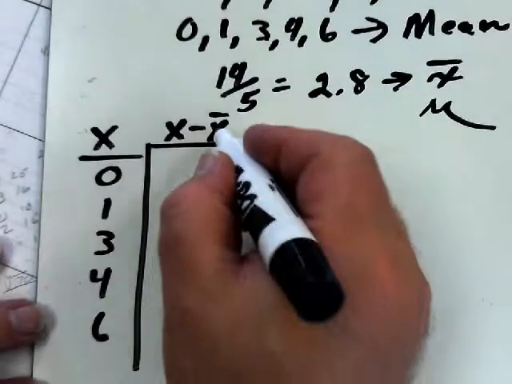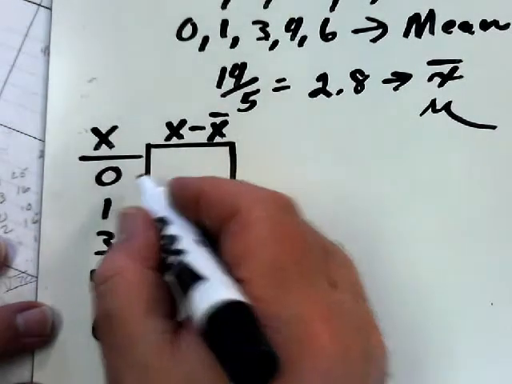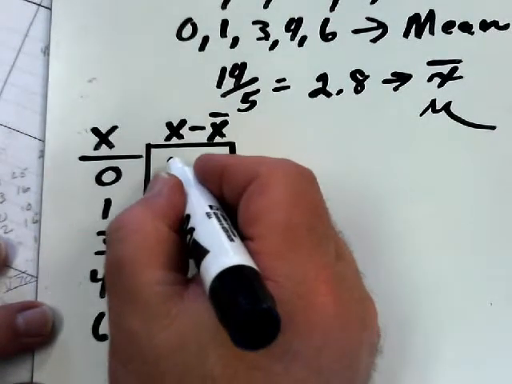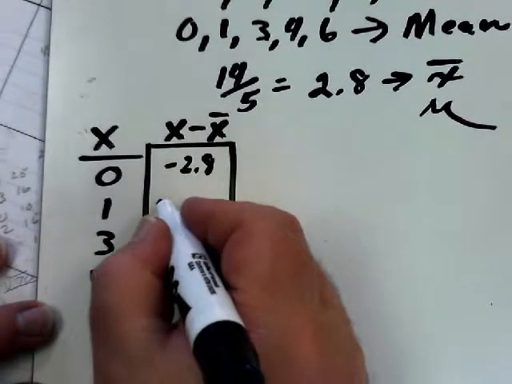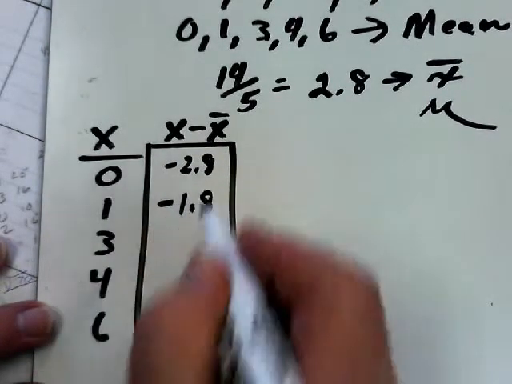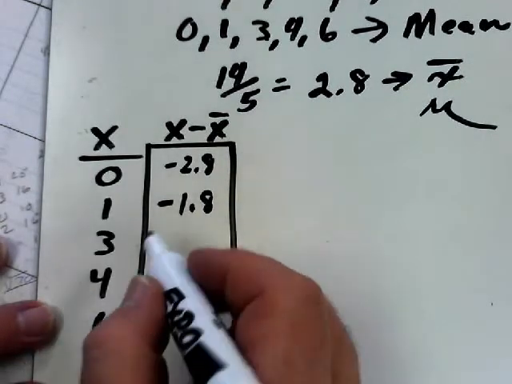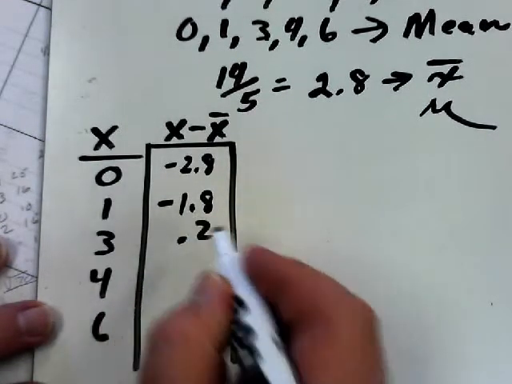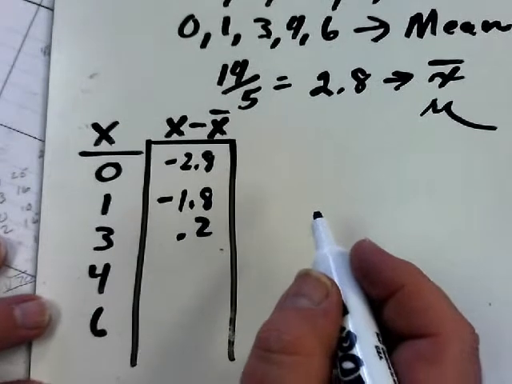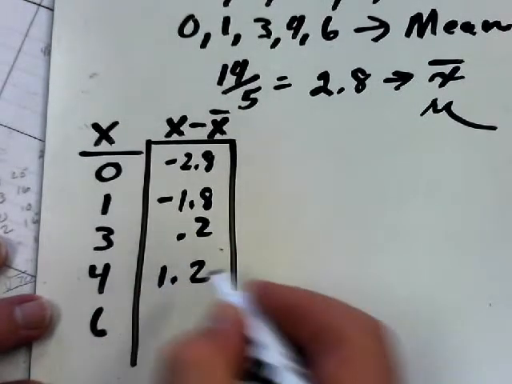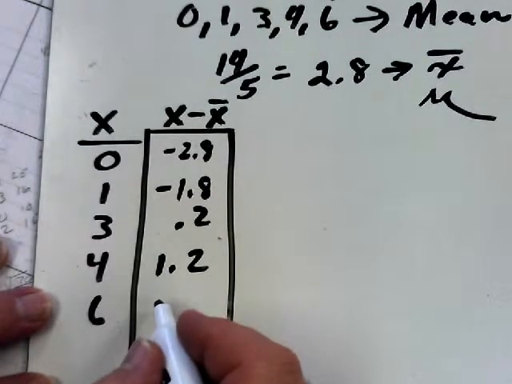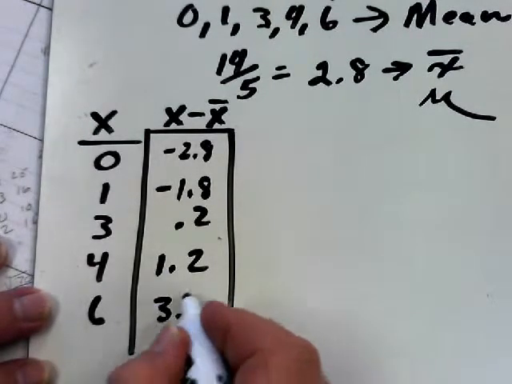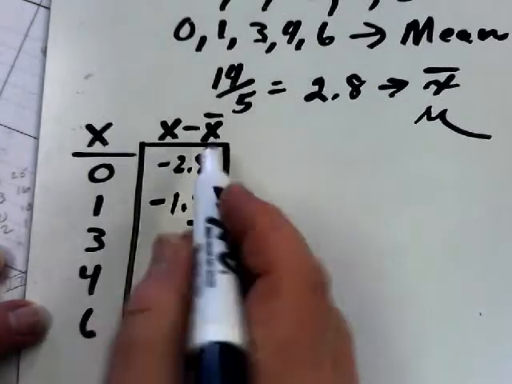So if the mean is 2.8, what's 0 minus 2.8? And what's 1 minus 2.8? And what's 3 minus 2.8? And what's 4 minus 2.8? And what's 6 minus 2.8? 3.2. Okay, so I need to find the difference.